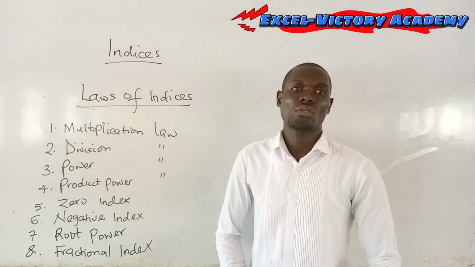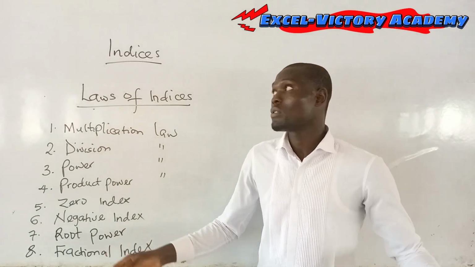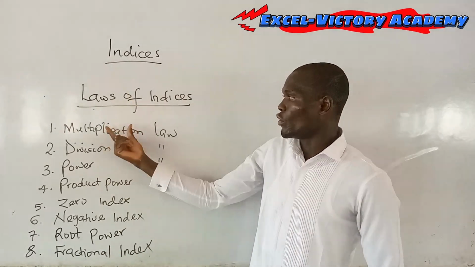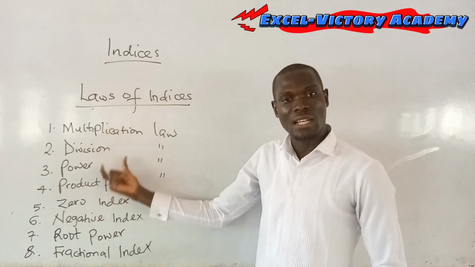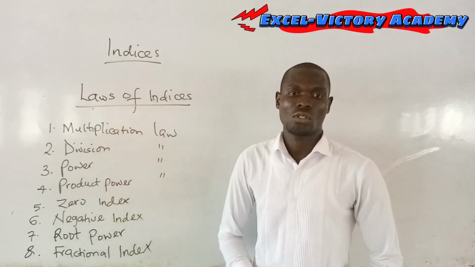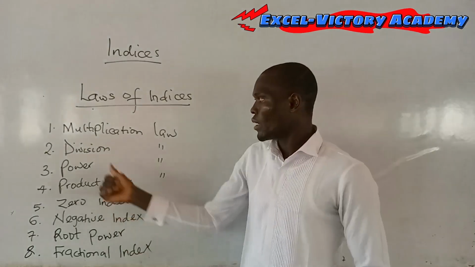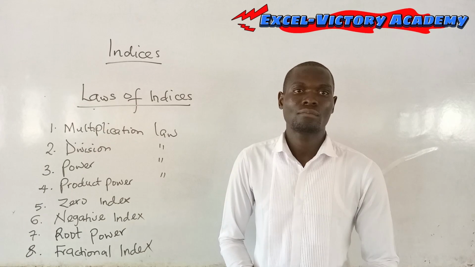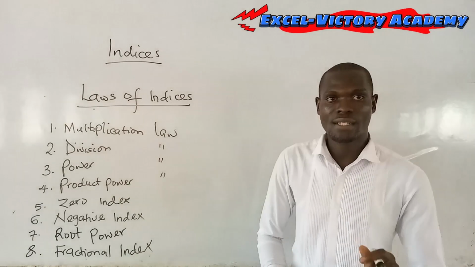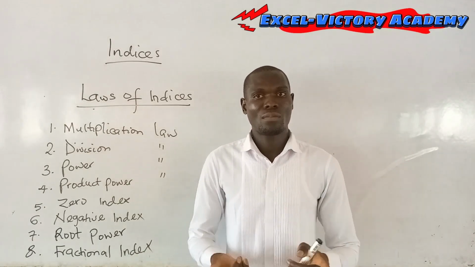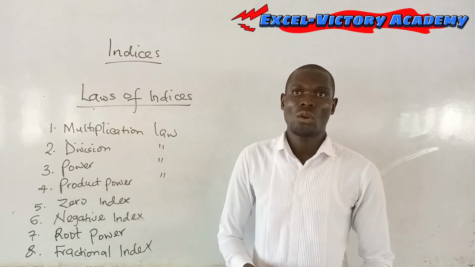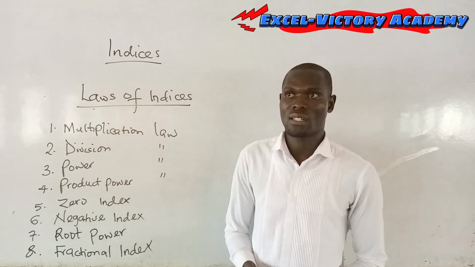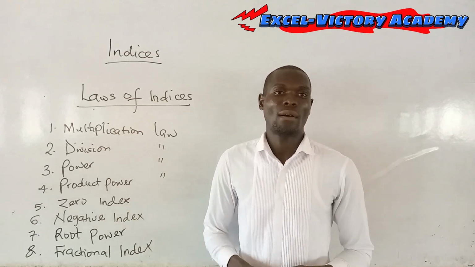So all the examples, all the problems, all the questions you'll be seeing under this topic, indices, your knowledge of these laws and their application will help you to solve them effectively. Now, what is multiplication law all about? Multiplication law states that when you are multiplying similar terms, or numbers of the same base, you just add their powers.